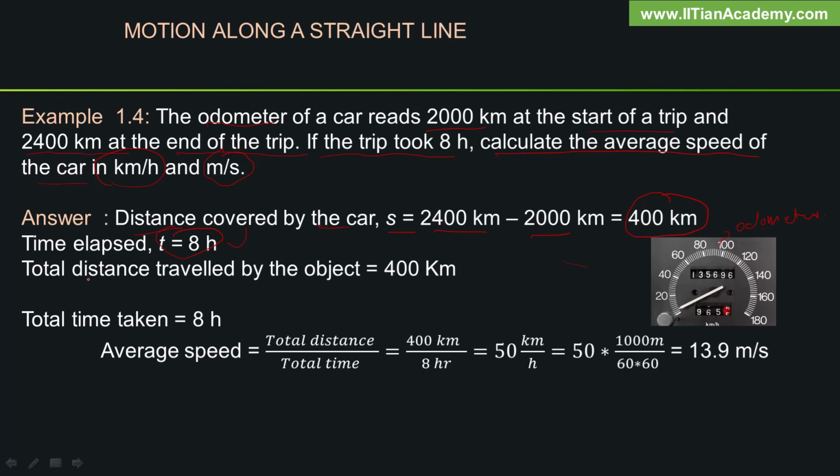Hence, average speed is 400 divided by 8 equals 50 kilometers per hour. Convert this into meters per second. 1 kilometer is 1000 meters and 1 hour is 60 minutes and 1 minute is 60 seconds. Hence it is 13.9 meters per second.